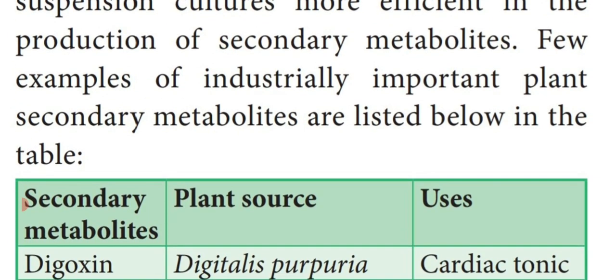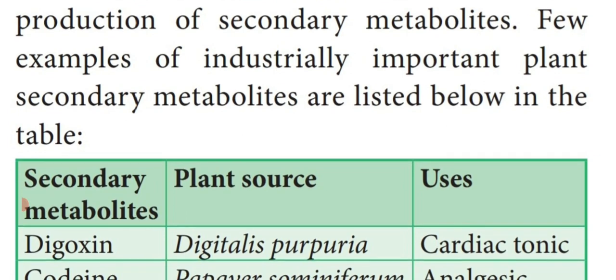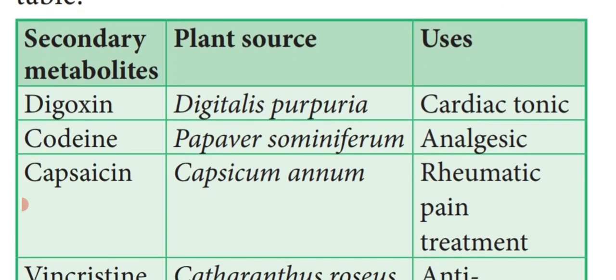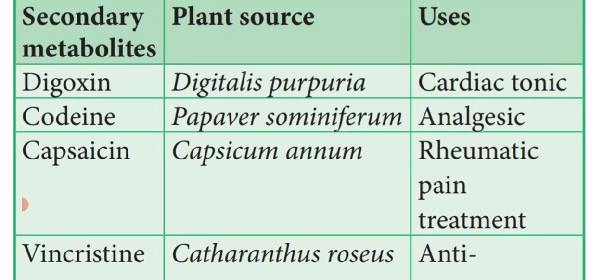So a few secondary metabolites produced for industrial purposes are given here. It is an important 3-mark and 2-mark question. The first one, digoxin is a secondary metabolite produced from the Digitalis purpurea plant.